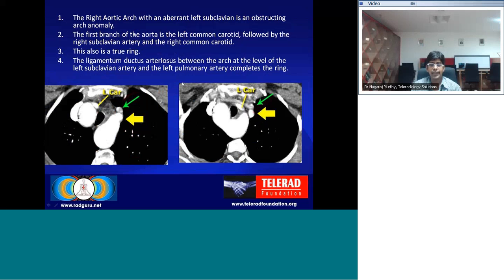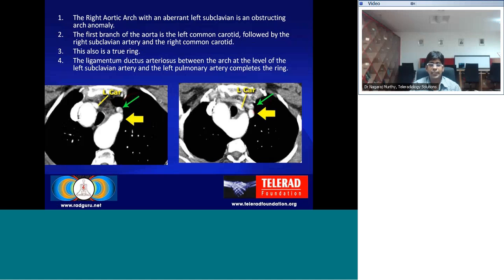The right aortic arch with an aberrant left subclavian artery is an obstructing anomaly. The first branch of the aorta is the left common carotid, followed by the right subclavian artery and the right common carotid artery.